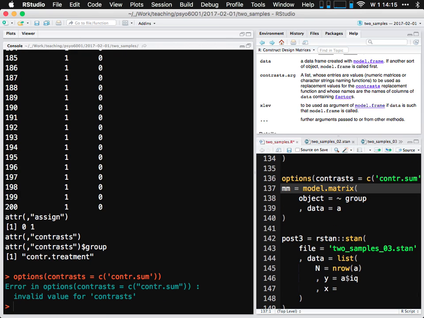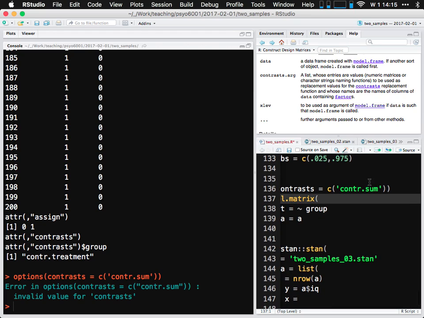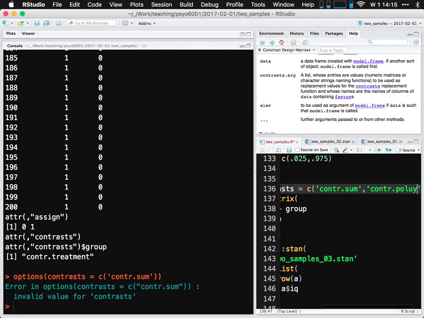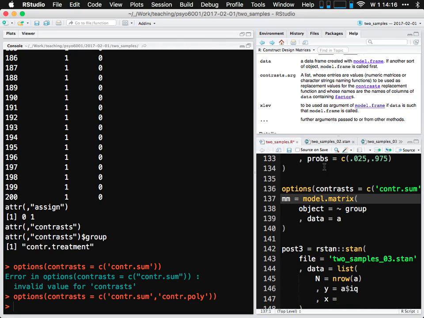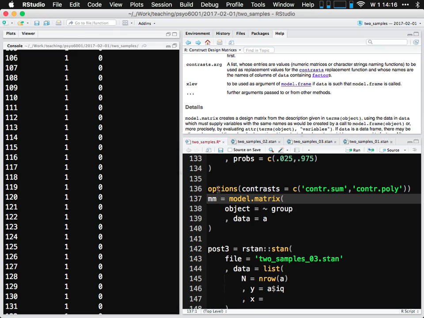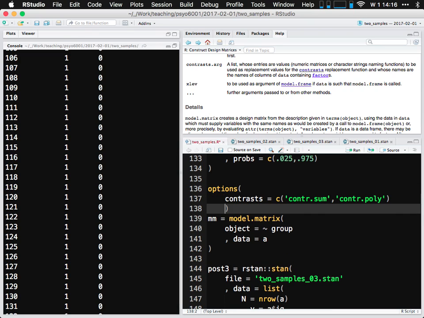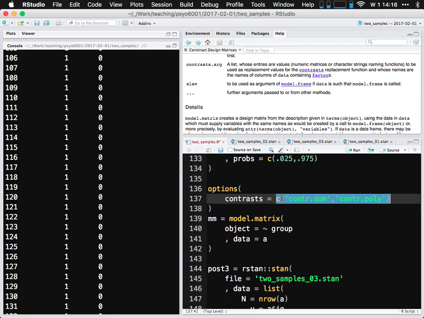to give you sum contrasts. Invalid value. Oh, because it wants. I think. Okay, so this command where you say options, and I'll put it on different lines here, and you say contrasts, the value of the contrasts argument of the options function, you pass it this list of 2 strings.